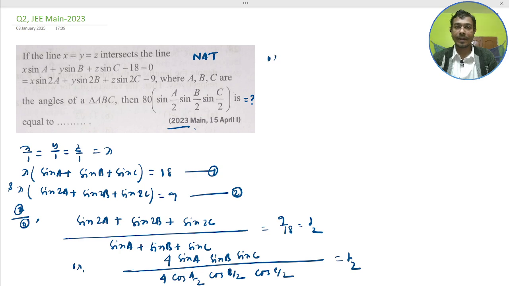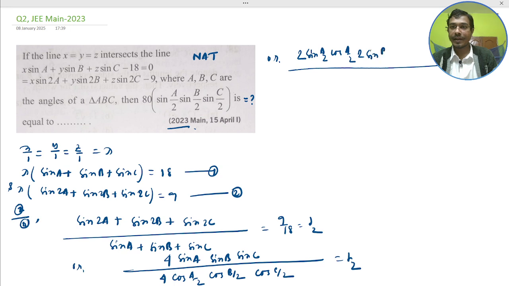So now apply the formula that twice of sin A by 2 cos A by 2, twice of sin B by 2 cos B by 2, twice of sin C by 2 cos C by 2, divided by cos A by 2 cos B by 2 cos C by 2, that is equal to half.